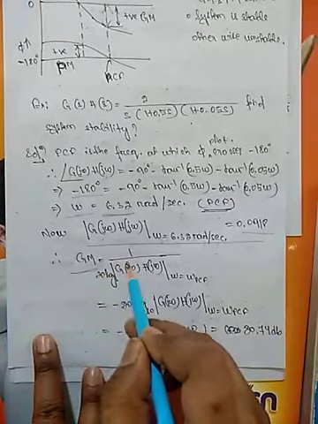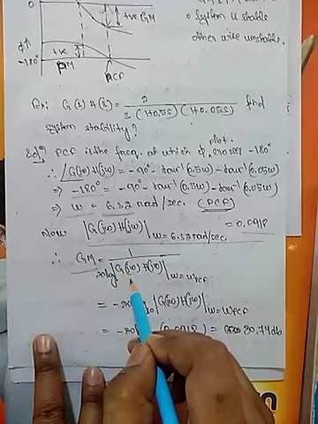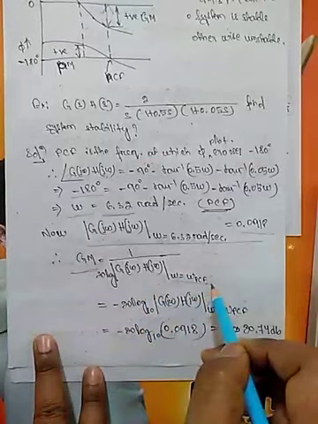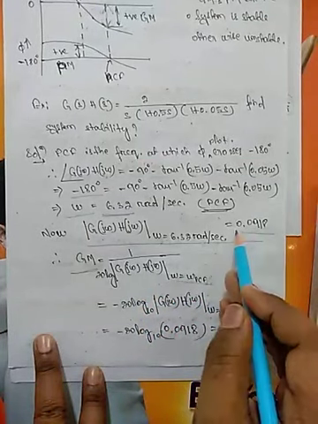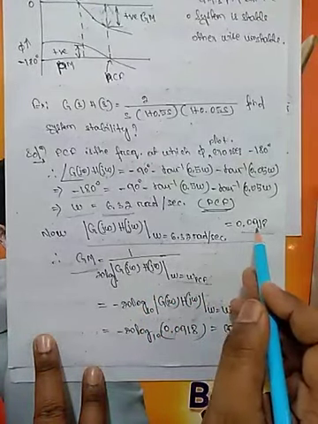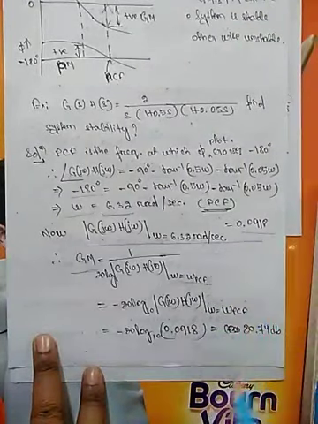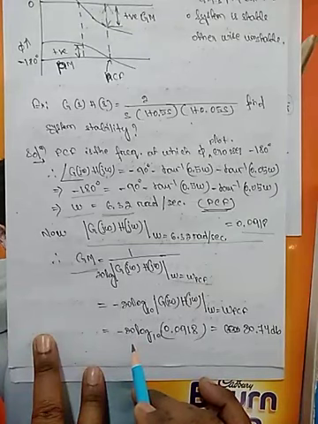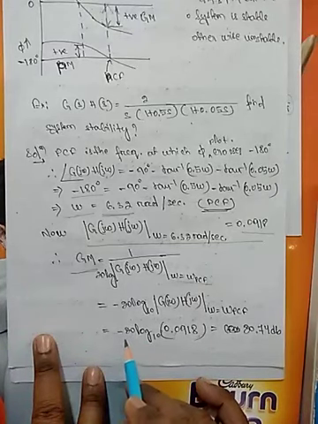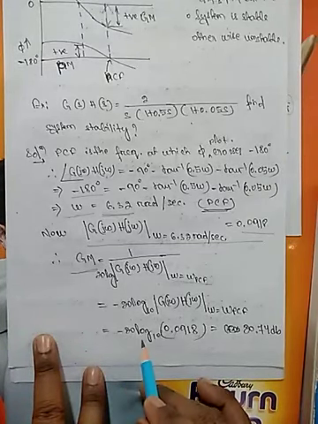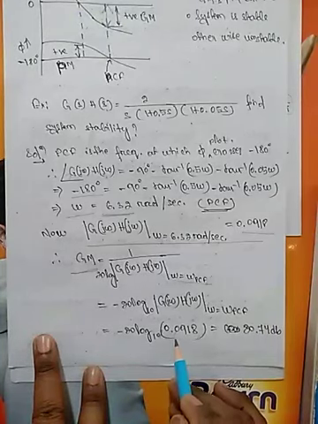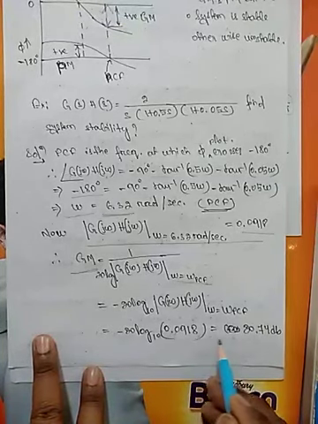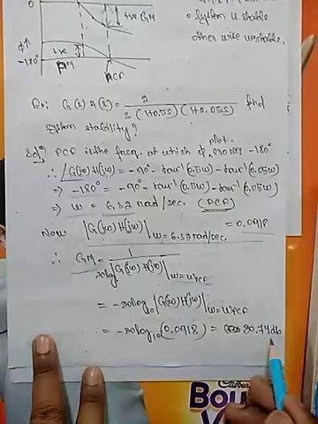It is the reciprocal of the magnitude of the open loop transfer function at the phase crossover frequency. So it is 1 by 0.0918, and after solving, you get minus 20 log base 10 of 0.0918, which is 20.74 dB.